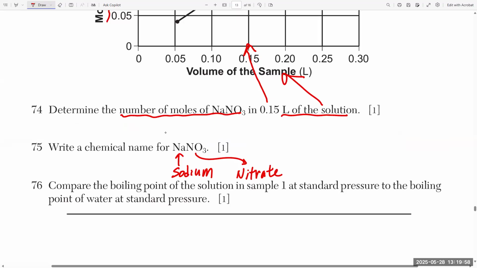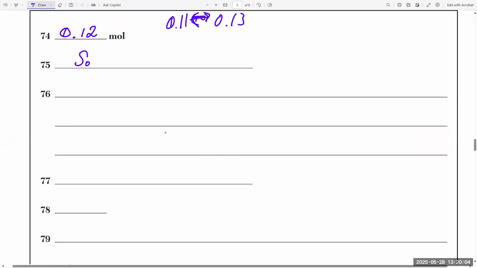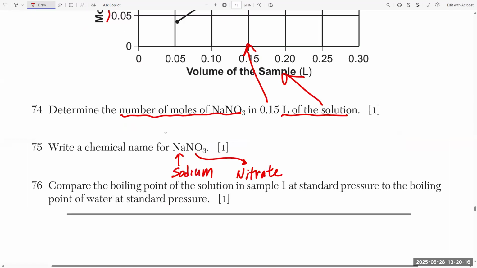But if you've been doing what I've been asking you, you should have figured this out already. So that would be sodium nitrate. Now remember, if you did not practice naming things as you see these things, you're not going to be able to do this. You're going to be like, is that sodium nitrogen trioxide?